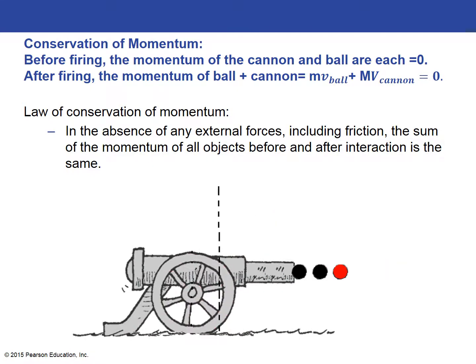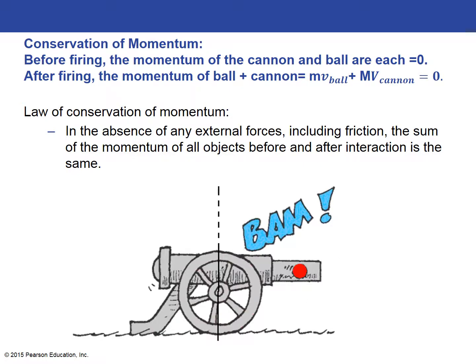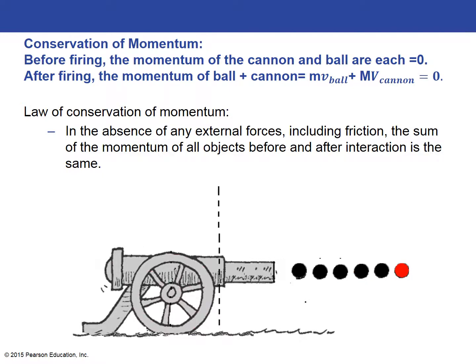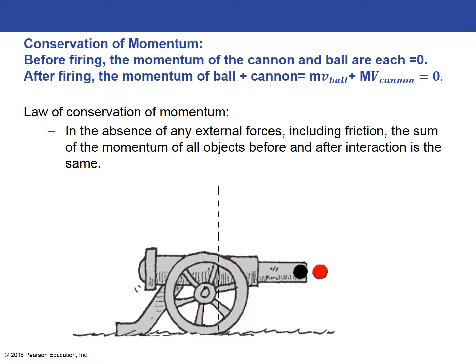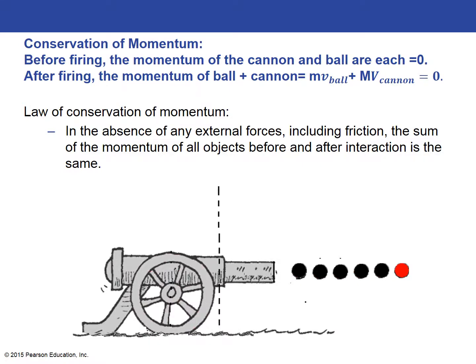So we analyze this from the point of view of conservation of momentum. In this particular example, the momentum of the cannon and the ball before the firing are each equal to zero. So the ball is at rest and the cannon is at rest.